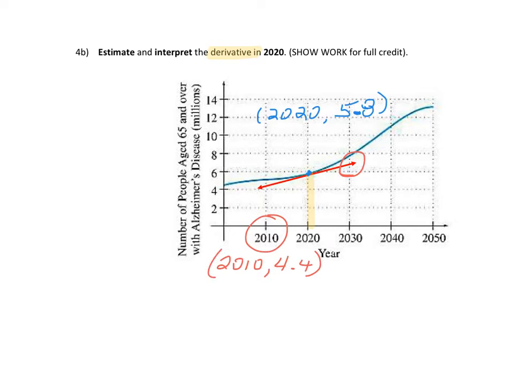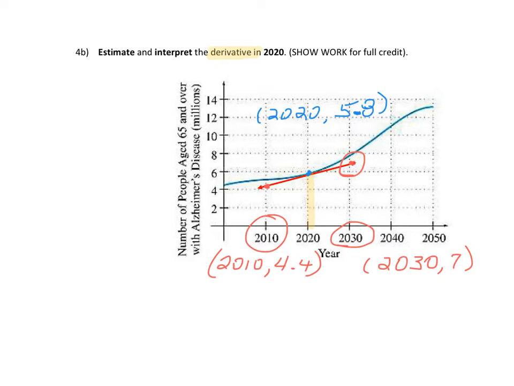And if we're talking about 2030, then the y value on the tangent line appears to be probably about 7. And remember, when we're looking at this, we're looking for the point on the tangent line, not on the curve. So at this point, what we want to do is actually calculate the slope.